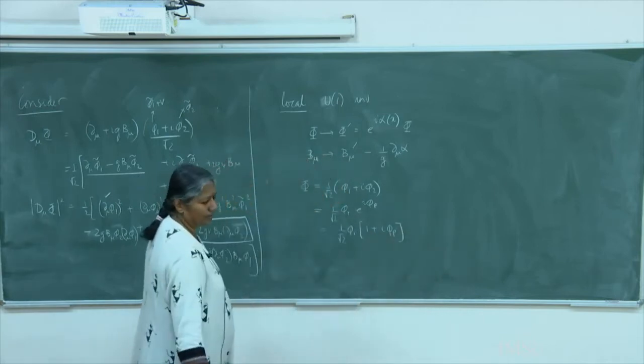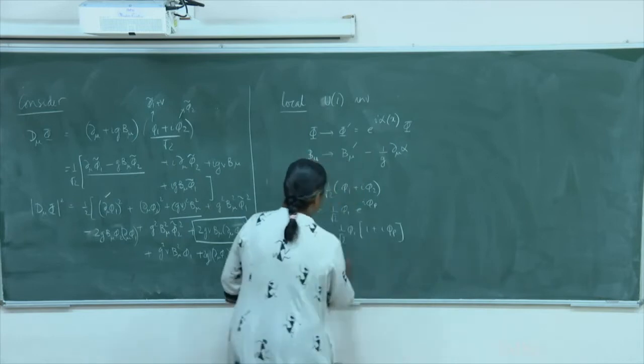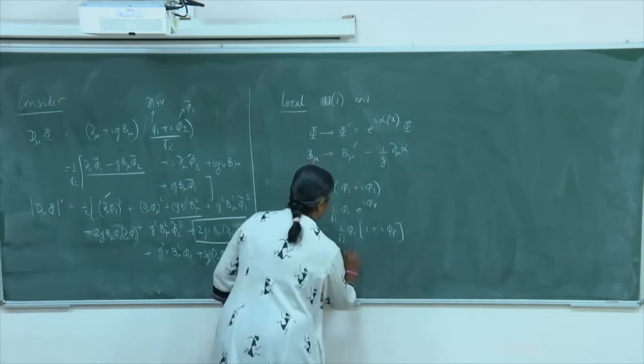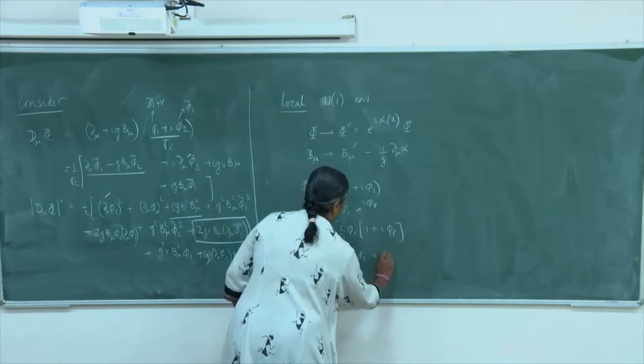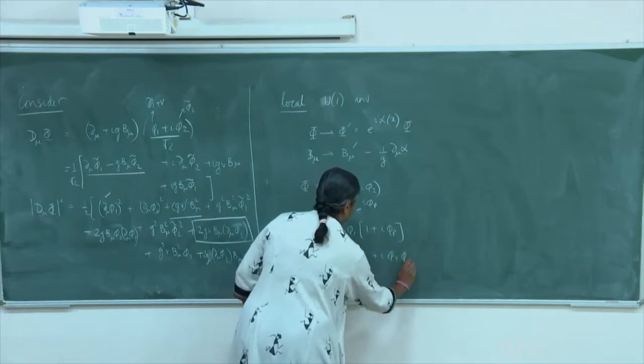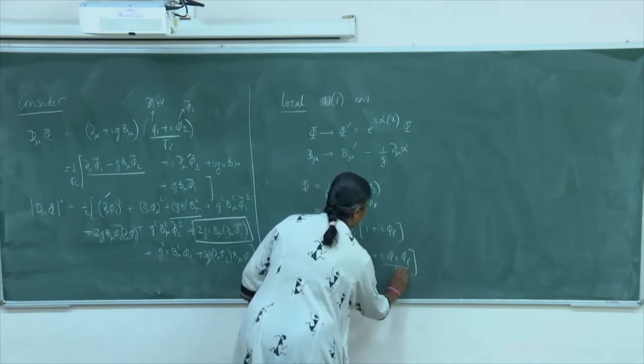Okay. Now let me write this in. So this will be approximately equal to 1 by root 2 into phi r plus I phi r phi p, and therefore I can identify this as phi 1 and I can identify this as phi 2.